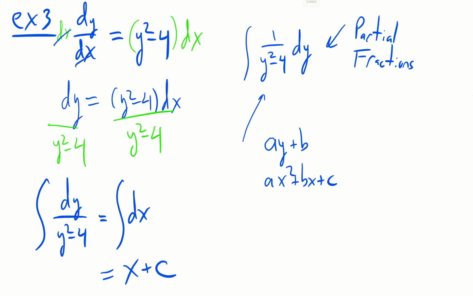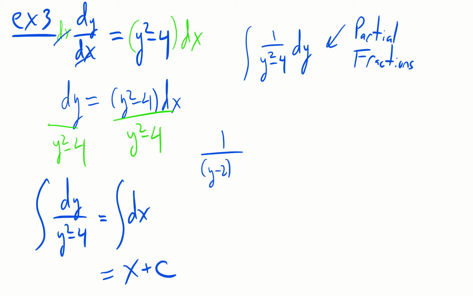So we would start by factoring our denominator. We have 1 divided by the difference of squares, so we can write it as y minus 2 times y plus 2. So the irreducible linear factors we get are y minus 2 and y plus 2.